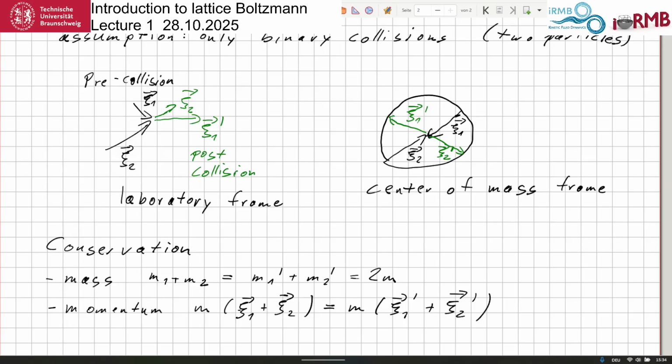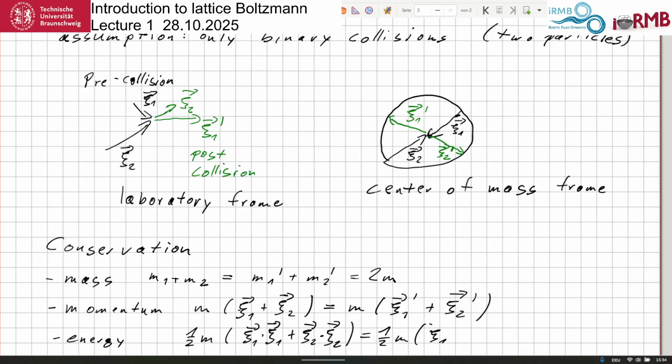What else? Energy. So energy is of course 1/2 m, and then we have the square of their velocities, right? So this is c1 times c1 plus c2 times c2 is the same thing after collision.